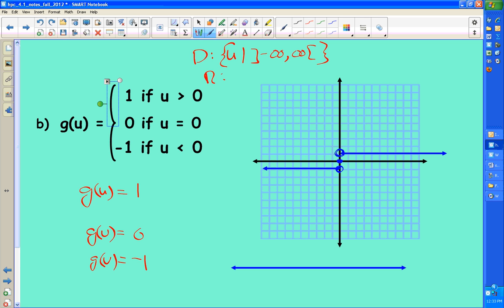Your range is all values of g of u such that g of u is in {-1} union {0} union {1}. And we hug those because those are the only 3 solutions we can have on the y side, the g of u side.